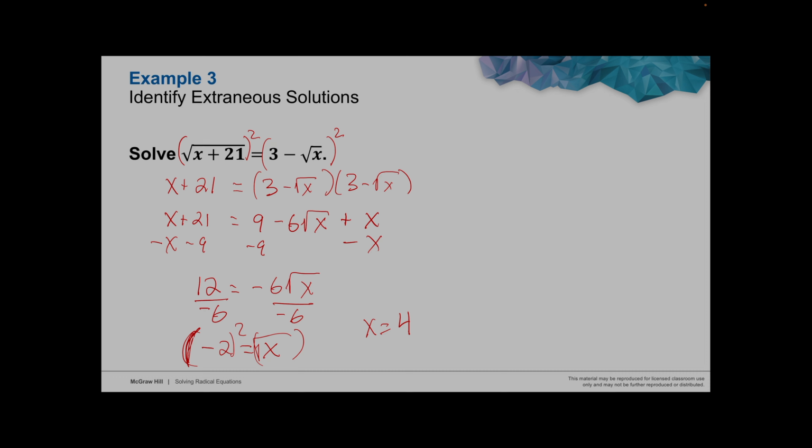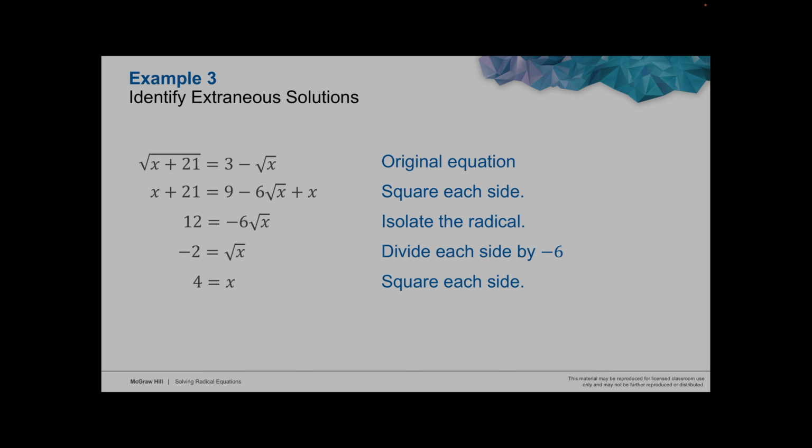It appears that it works. Mathematically, it looks like it works. But when you go back and check it, it does not work. So you always have to check these, looking for these extraneous solutions. Okay. And it's a false statement because we stated why.